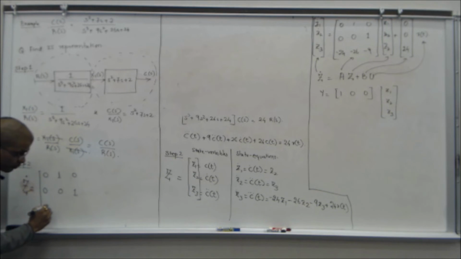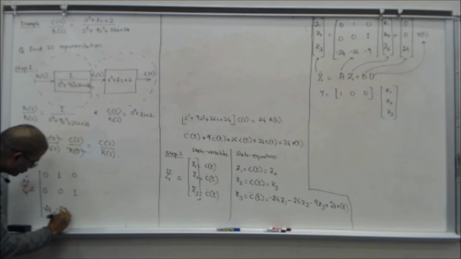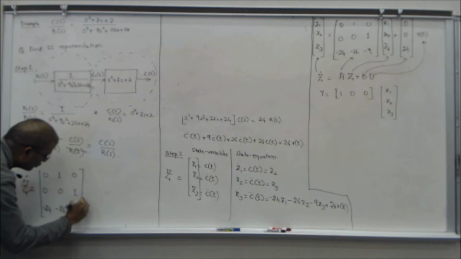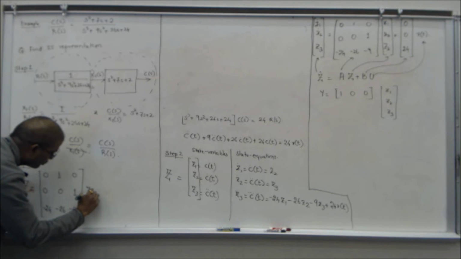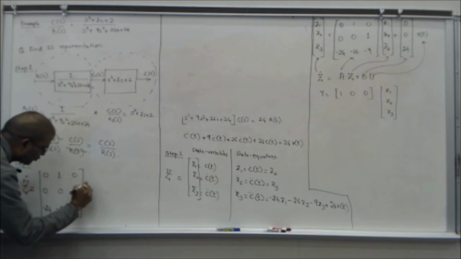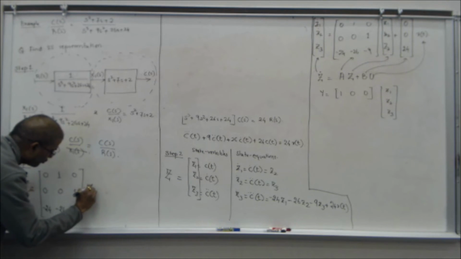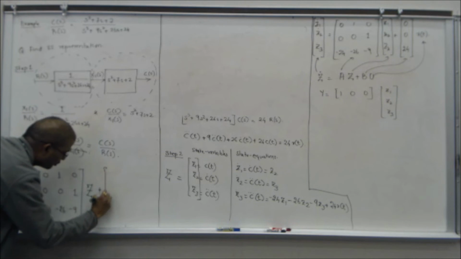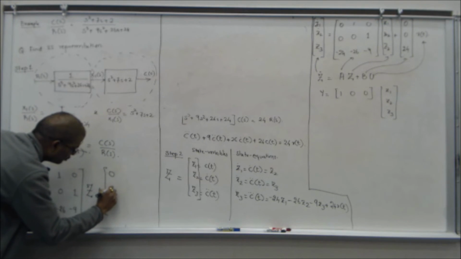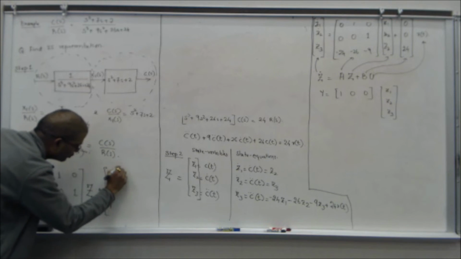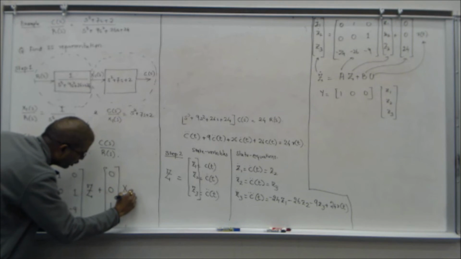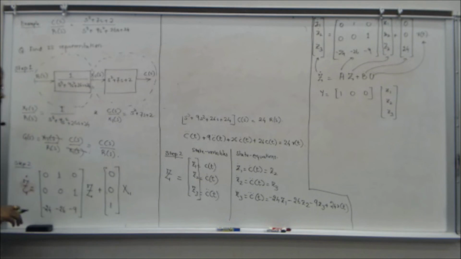And then you have minus 24, minus 26, minus 9 and z plus 0, 0, 1 x. Okay.